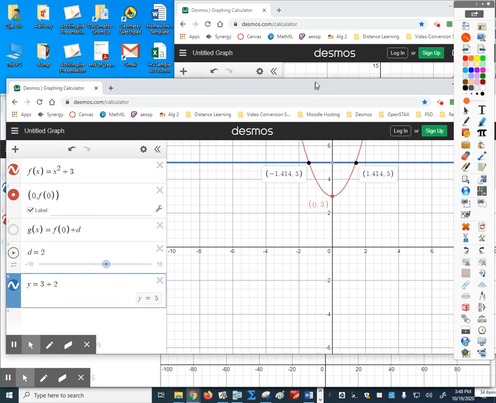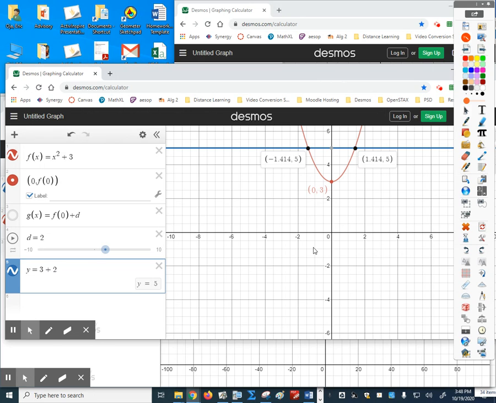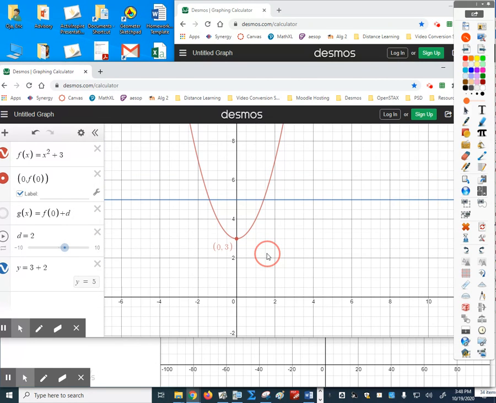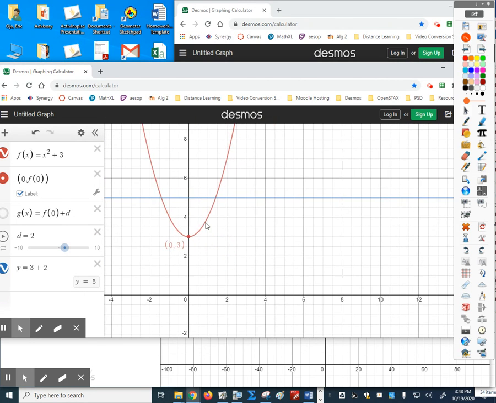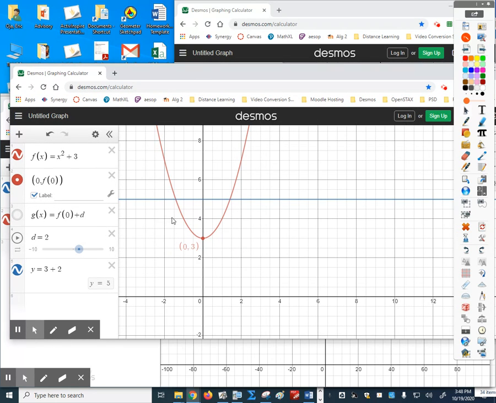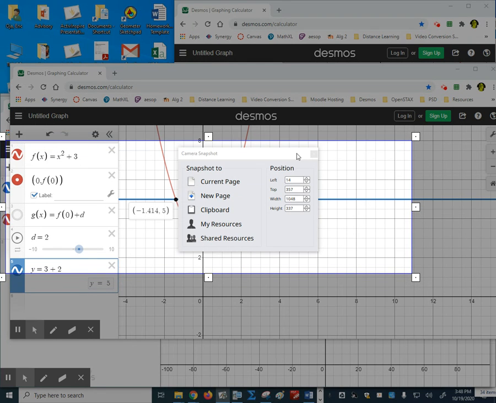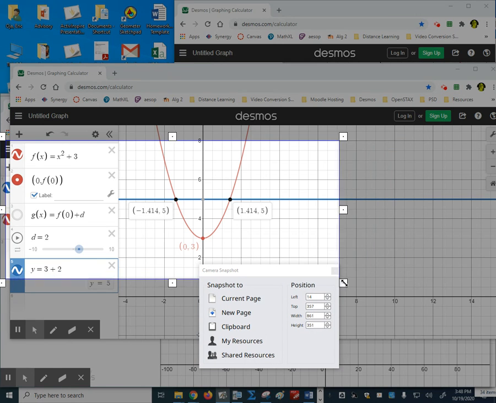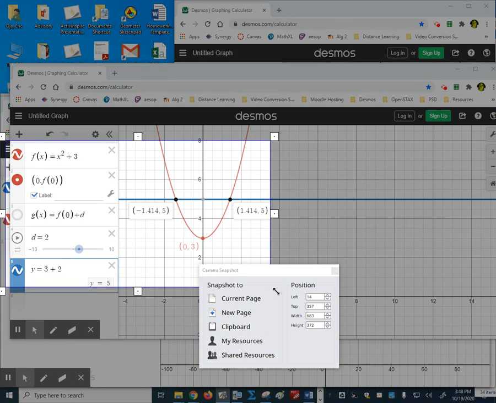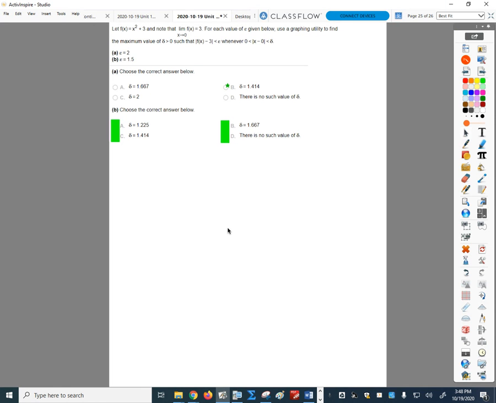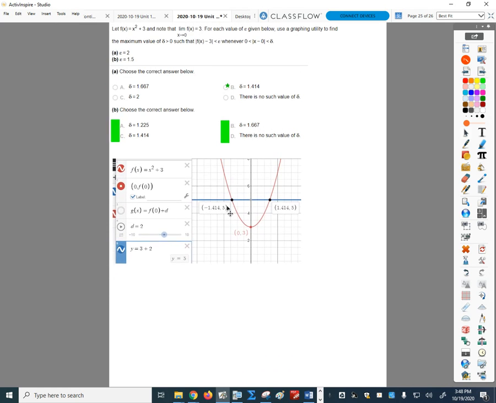Let's get a picture of that. So there's the first part.